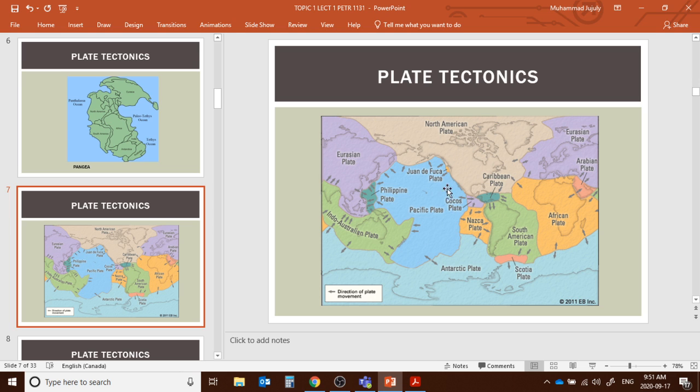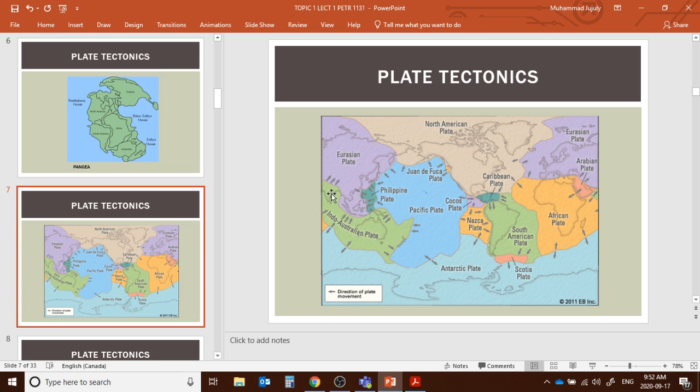Let me show you. For instance, California, this area is known for massive earthquakes. Why? As you can see, there are the Pacific plate, Juan de Fuca plate, and North American plate. So three plates are in here, so always the plates move, and that makes the whole Los Angeles, California, including British Columbia, this area a more earthquake prone zone.